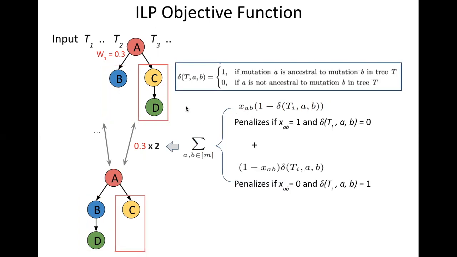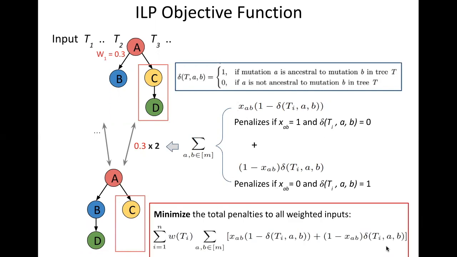Conversely, if the output tree does not have C ancestral to D, but in the input tree C is ancestral to D, then the objective function also adds a penalization of the weight to the objective. Adding up all the penalizations, our objective function is shown in this form.